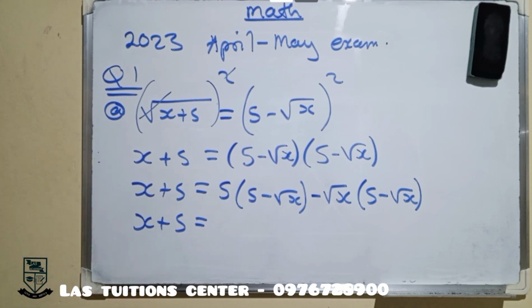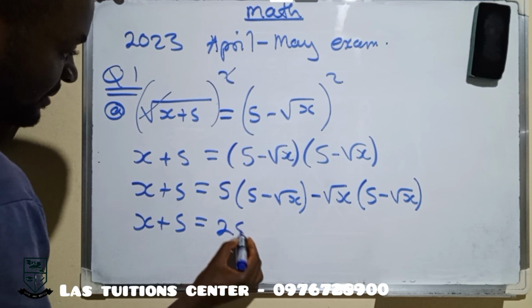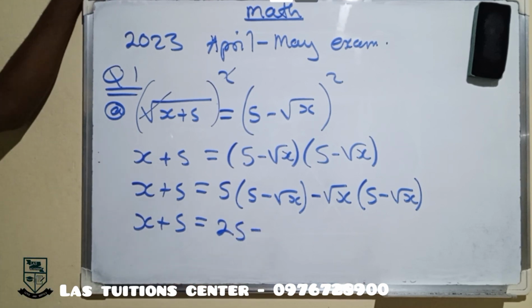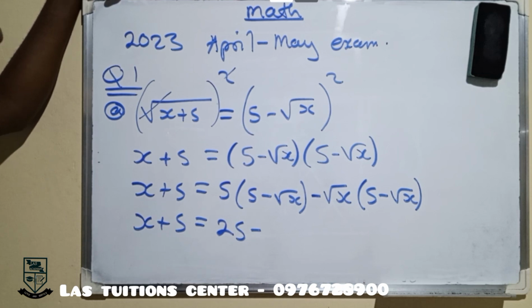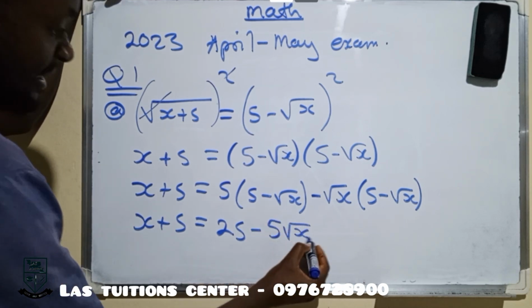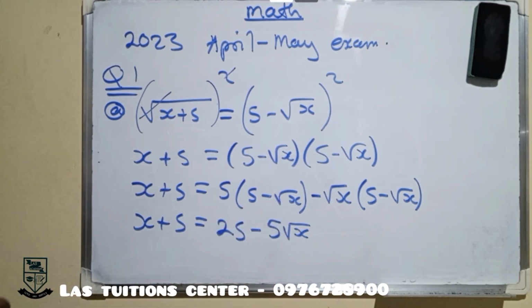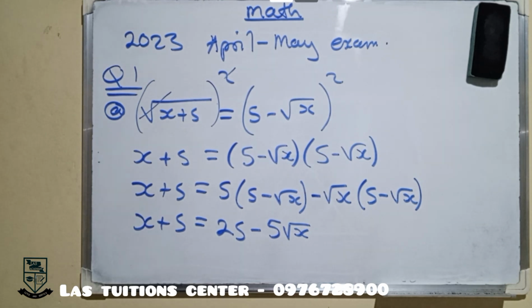So we have 5 times 5, that's going to give us 25, minus 5 times root x, which is just 5 root x. These two cannot combine. They are just like 5 oranges, you understand?